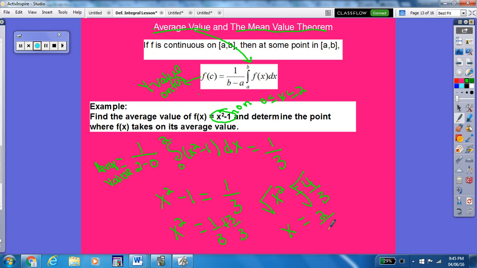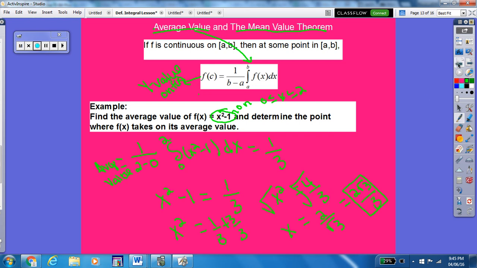Technically 2 over square root of 3. And then that's it, we're done. If you want to rationalize, you can, which would be 2 square roots of 3 over 3. So once you find the average value using the formula we generated earlier, you just set the original equation, not the derivative, equal to that average value, and solve for x.